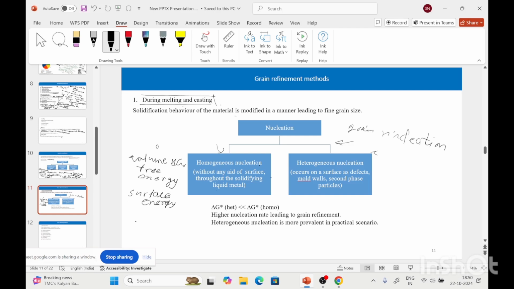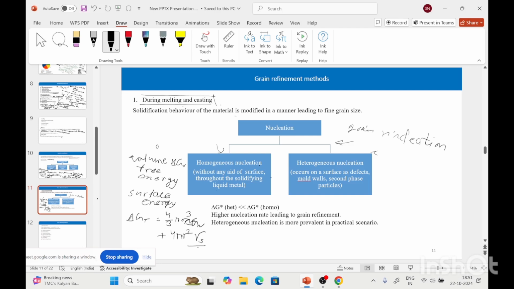So the general formula of total energy can be written as 4/3 pi r cubed times delta GV plus 4 pi r squared times gamma. This is the surface energy.